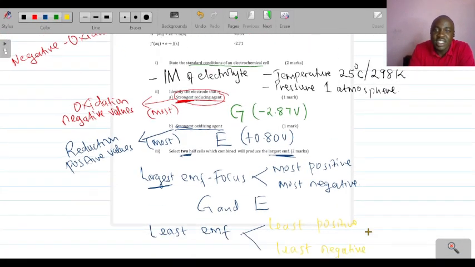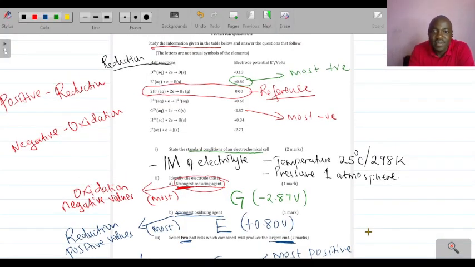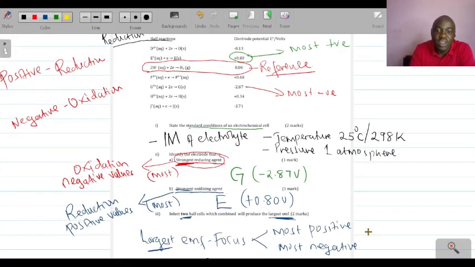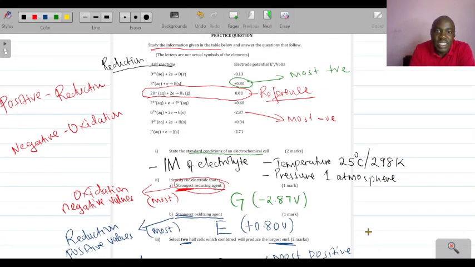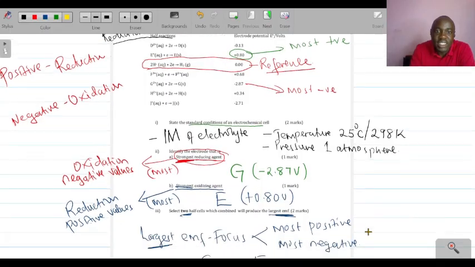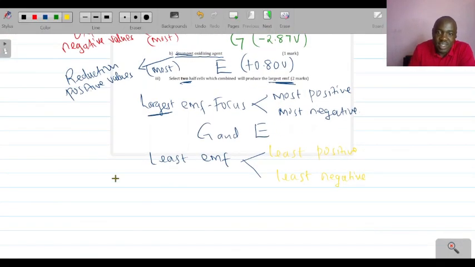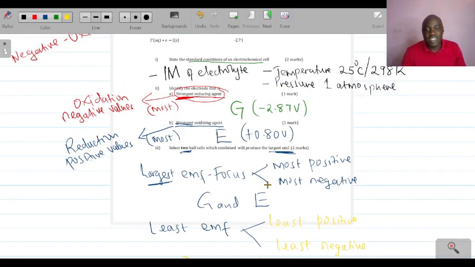Looking at the least negative, it is negative 0.13, and the least positive is plus 0.34. So that makes us D and H, in no given order. So that is how we can determine which one will give us the largest and which one will give us the least EMF.